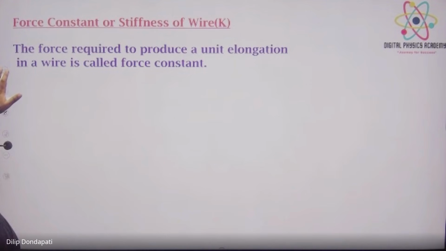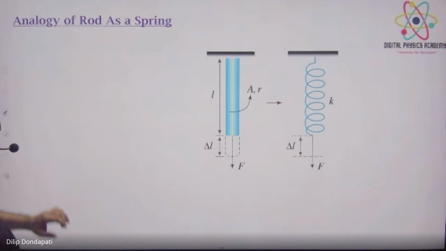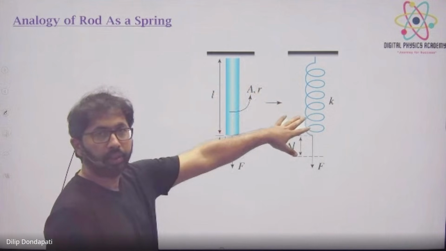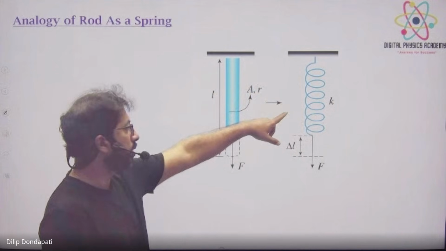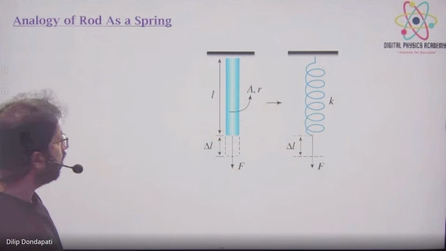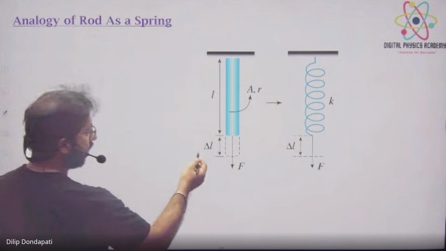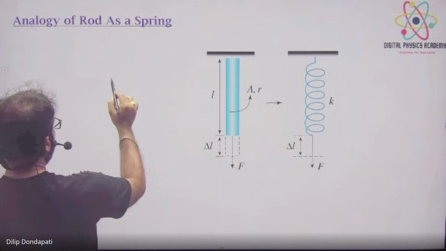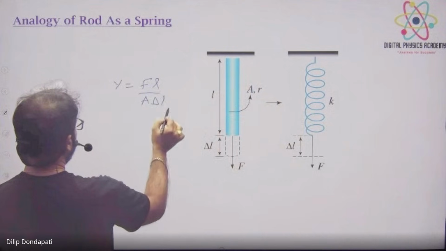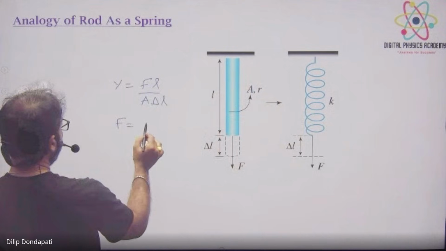तो देखो, analogy of the rod and spring. Rod को you can assume as spring. उसका constant है spring constant K and उसका force apply किया delta L change हुआ. देखो इसमें we know that force we are calculating in this. Normally for this formula Y is equal to FL by A delta L. So from this F is equal to how much?